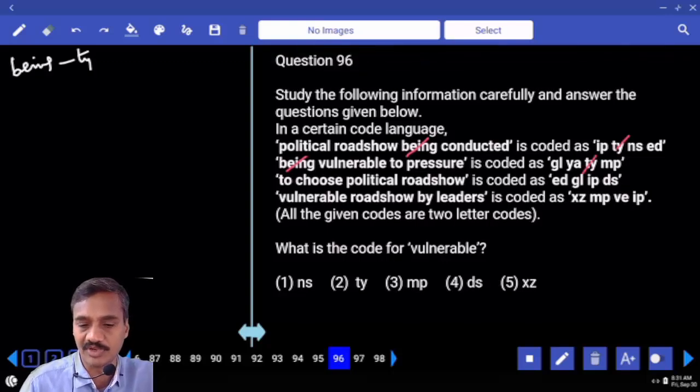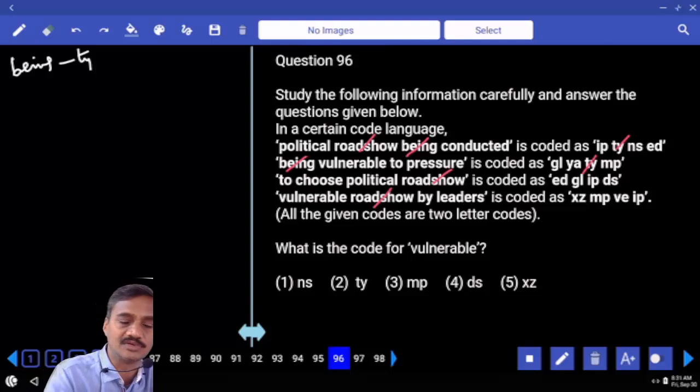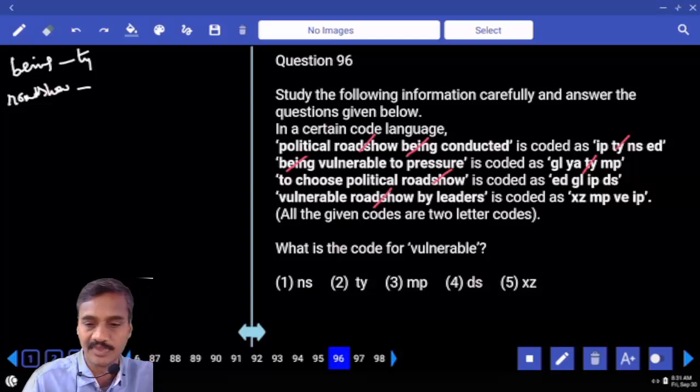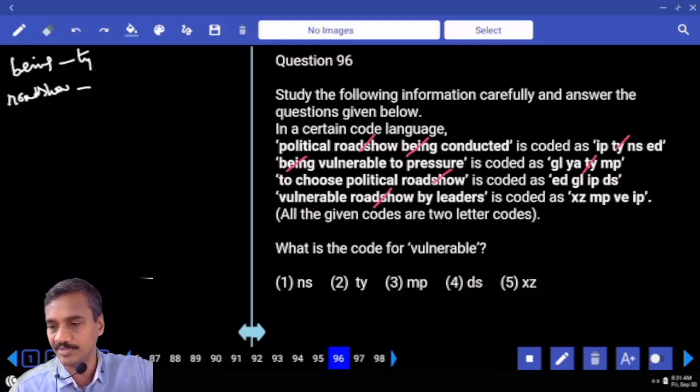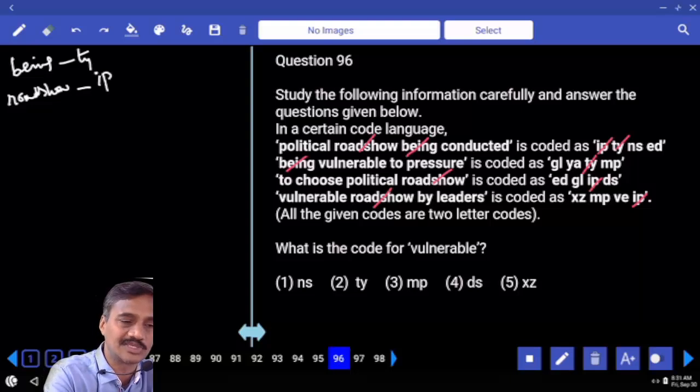Then if you compare 1 and 3, political roadshow conducted, political roadshow. And roadshow is the word that is common among 1, 3 and 4. As roadshow is common here, tell me what is the code that is common among these three. Roadshow 1, 3 and 4, IP, NSED. IP is the code that is common and the code for roadshow is IP.